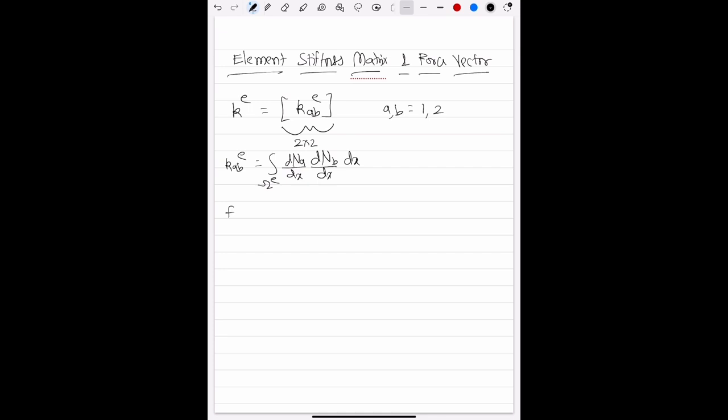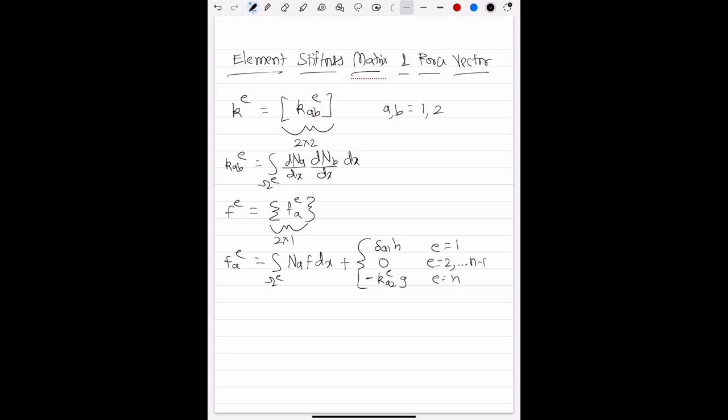Similarly, the element forcing vector small f^e can be written as f^e_A, which again is a 2 by 1 vector, and the element f^e_A can be written as the integral over the domain of element E of N_A f dx plus the boundary terms, which can be written as delta_A1 h for E equal to 1, 0 for most of the elements 2 all the way up till n minus 1, and minus delta_A2 g for E equal to n.